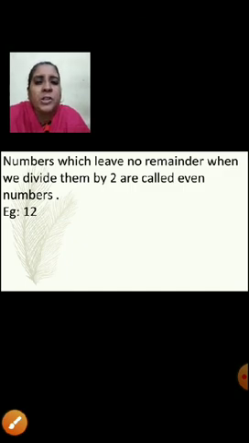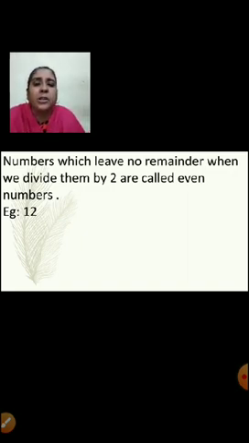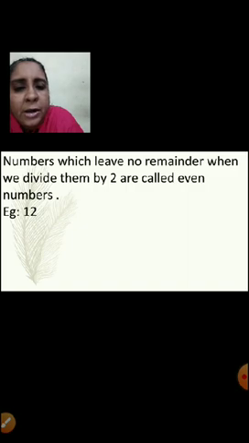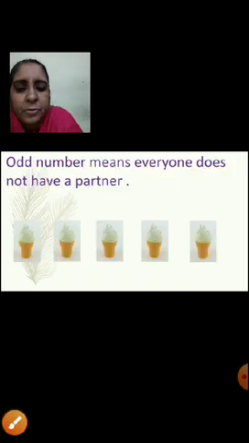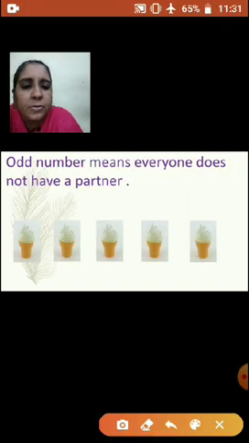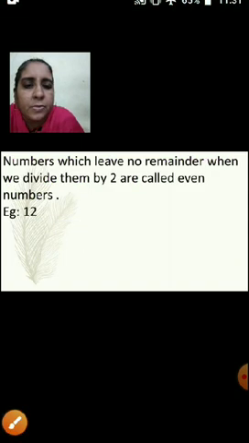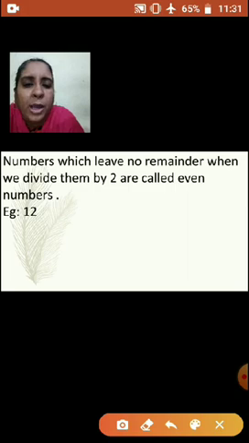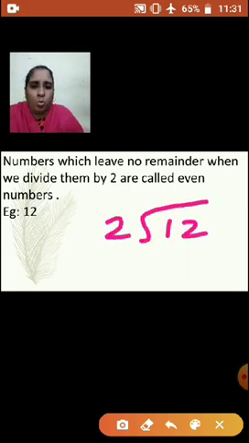Now numbers which leave no remainder when we divide them by 2 are called even numbers, right? Here they have given one example, 12. I have taken the number 12. Let us see, if I divide 12 by 2.